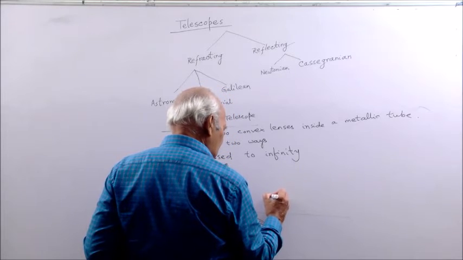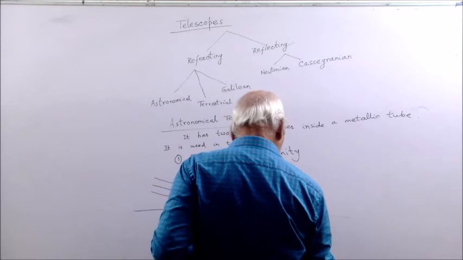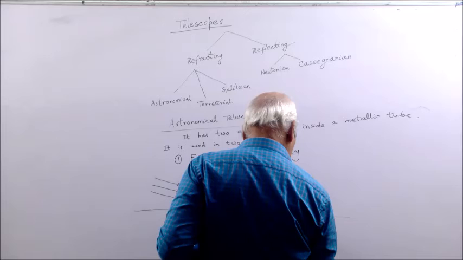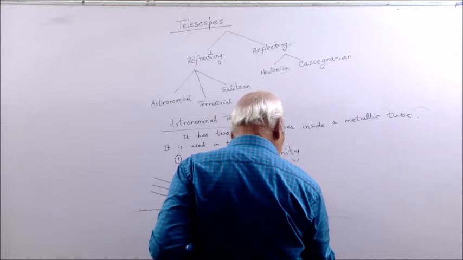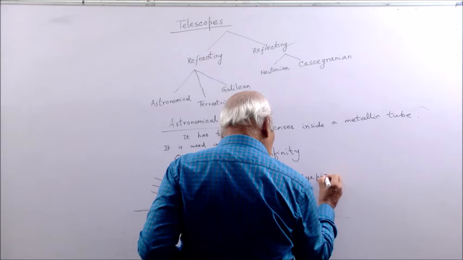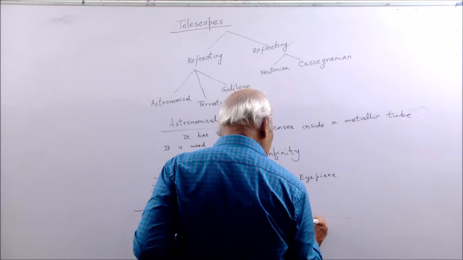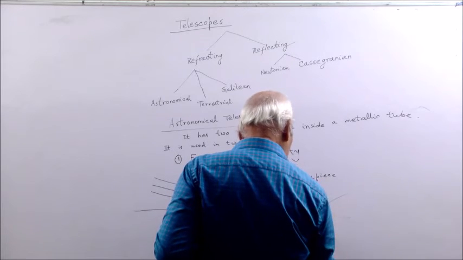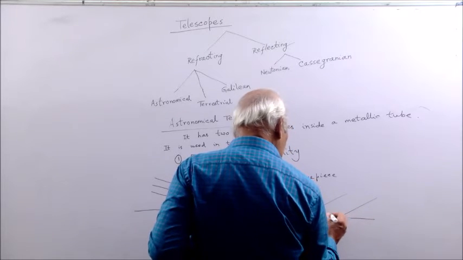On the focus, a real but diminished image AB is formed, and if you adjust the eyepiece in such a way that the two foci FO and FE coincide. This is your FE, this is the principal axis.